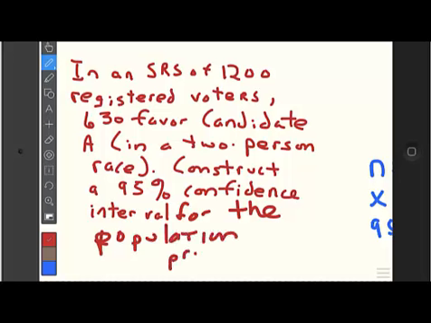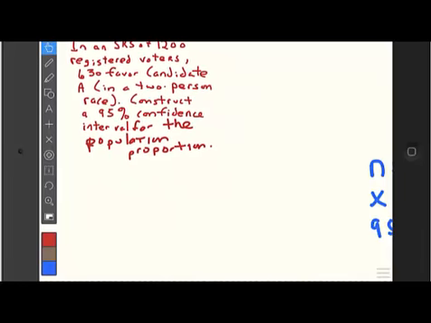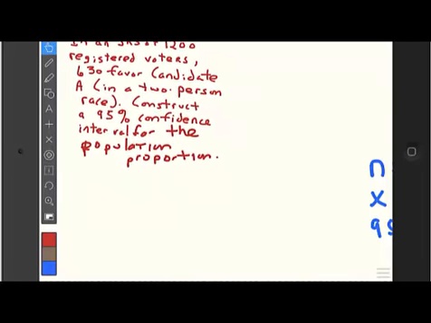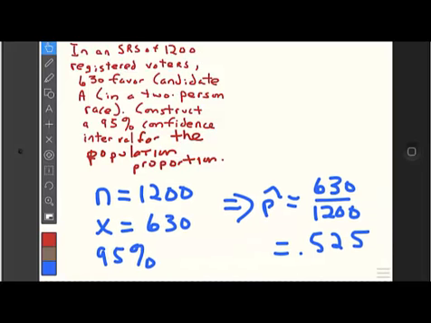It's binomial because they only have two options. Either they're going to vote for the candidate or they're not. Okay, so that's your problem. And the number of yeses are 630, and the number of nos would be 1,200 minus 630, or 570. Both of those are greater than 15, so we're good on the sample size.